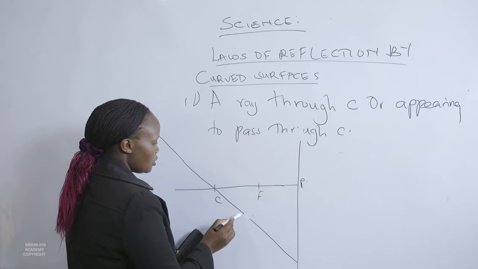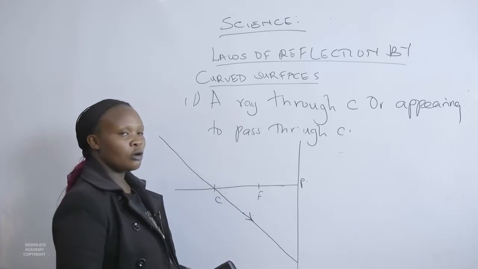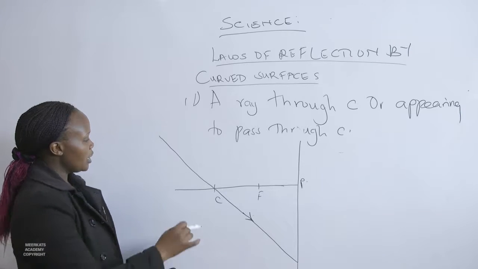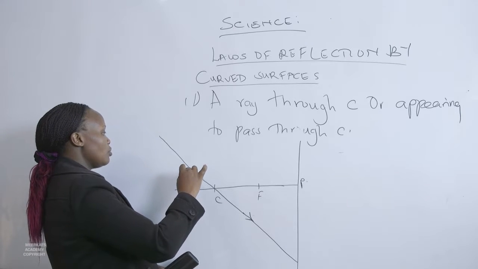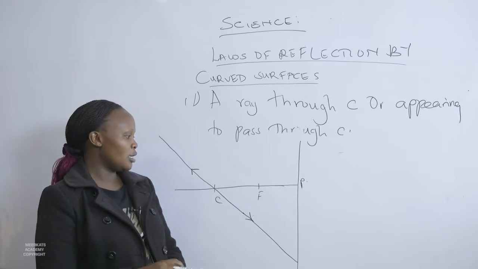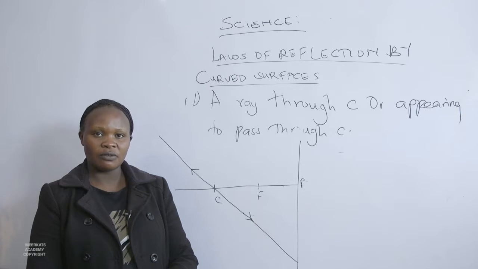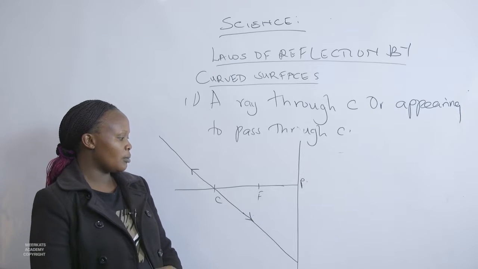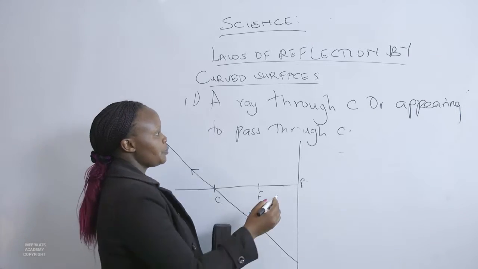Let us assume that this is the direction of the ray. Now, we expect that it is going to be reflected through the same path.